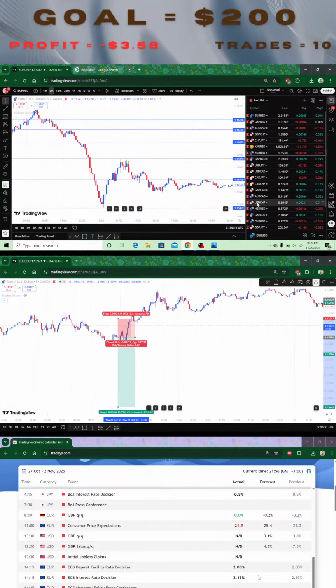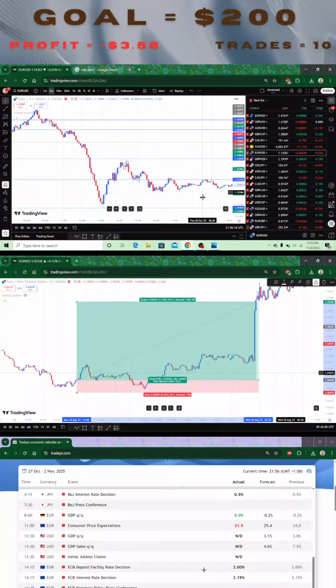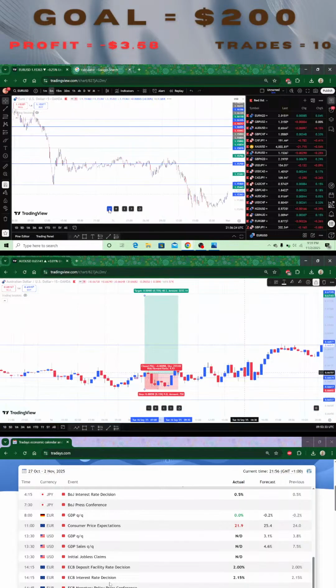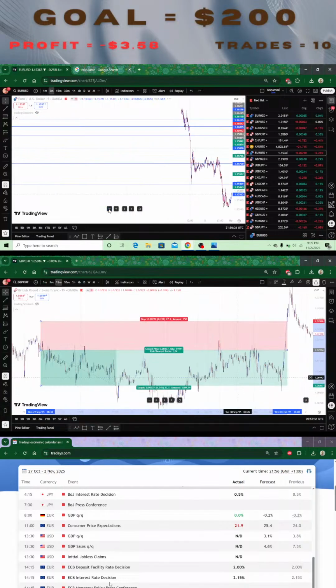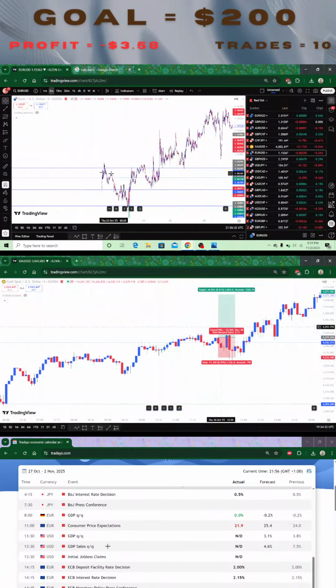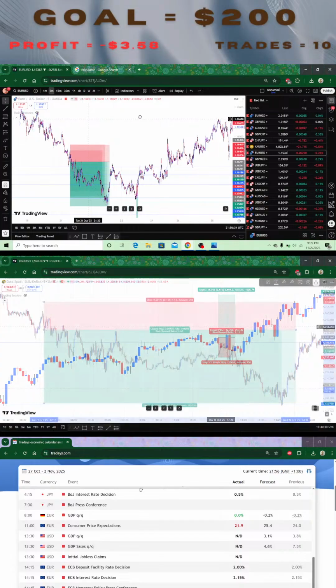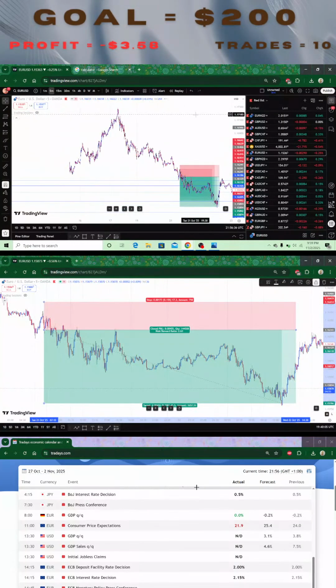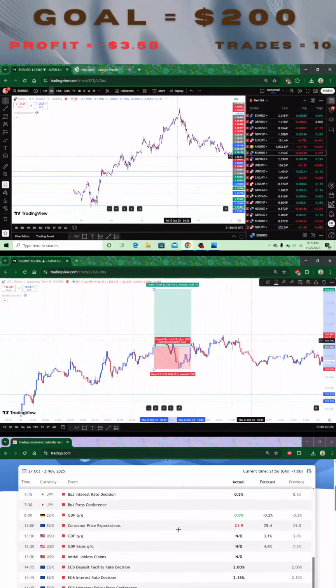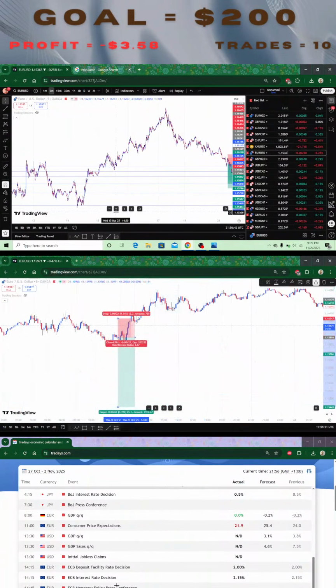The next one. Euro USD. I'm trying to see if I can get that Euro USD. There are two analyses to be done for Euro USD. This is the first one, the one we're currently interested in for the meantime.